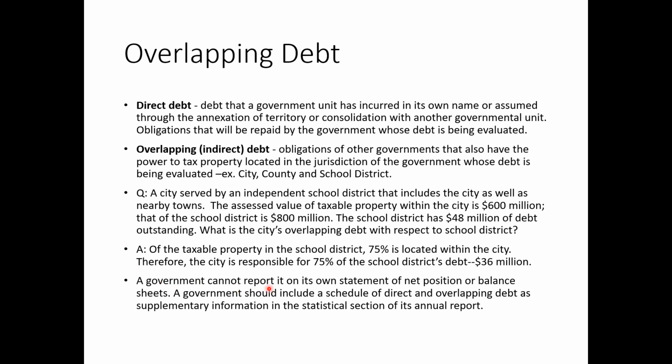So a government cannot report the overlapping debt on its own statement, because it's not its own debt. A government should include a schedule of direct and overlapping debt as supplementary information in the statistical section of its annual report, because it's important for people to understand the debt conditions, including the direct debt and overlapping debt.